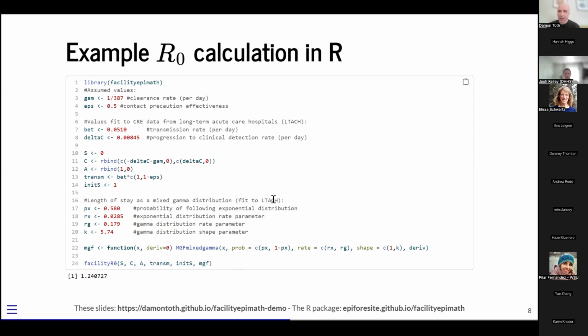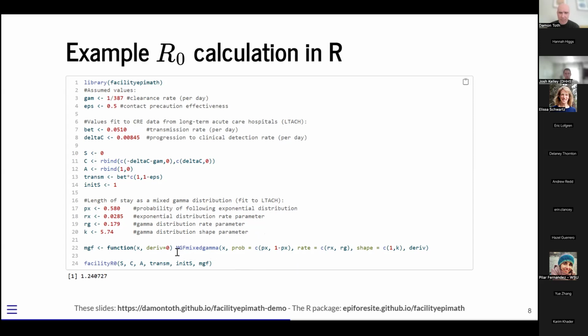LTACs have pretty complicated looking length of stay distribution if you look at the distribution of how many days people stay in the facility. So we actually use a pretty complicated distribution, which has 4 parameters. It's a mixture of 2 gamma distributions, specifically a mixture of an exponential and a gamma distribution.